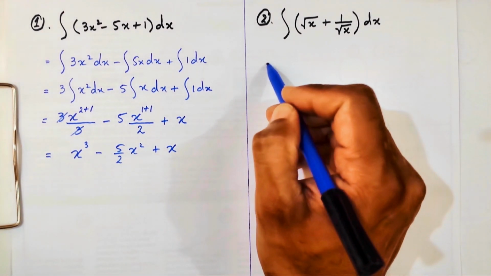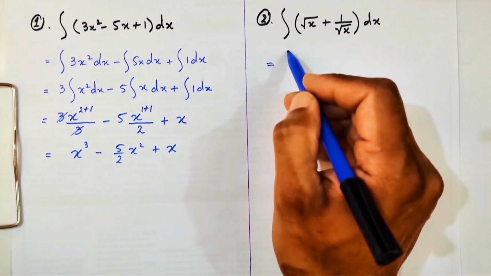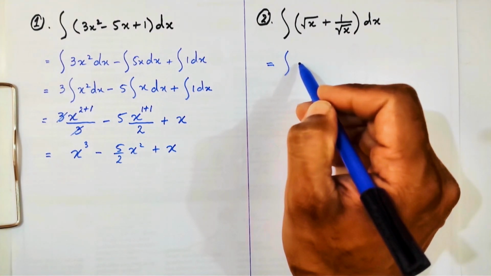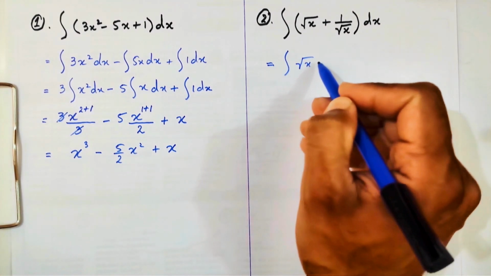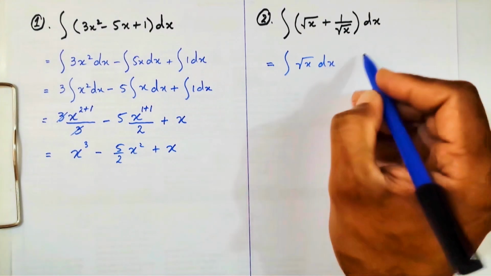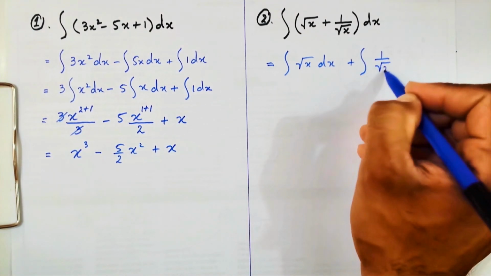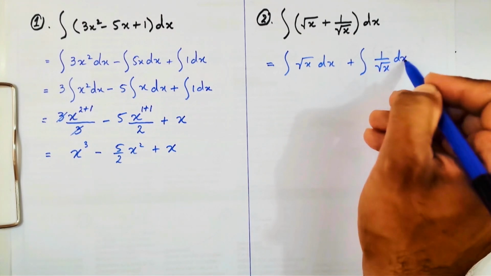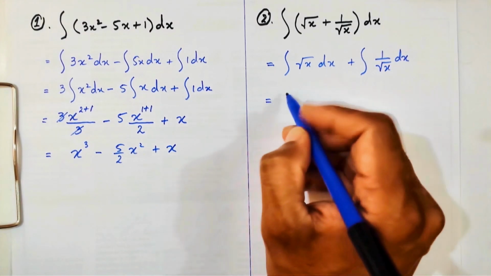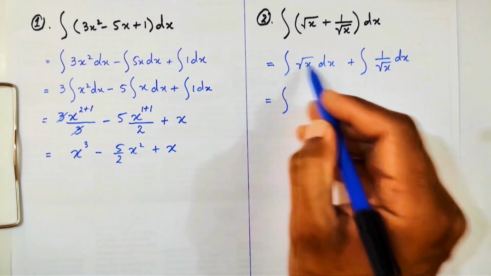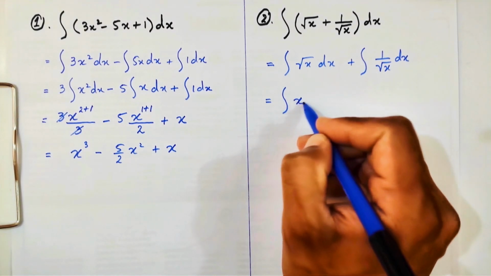Now we do the next question. First step, we apply the integral sign with each term separately. Before finding its integration, we convert these radical signs into powers.